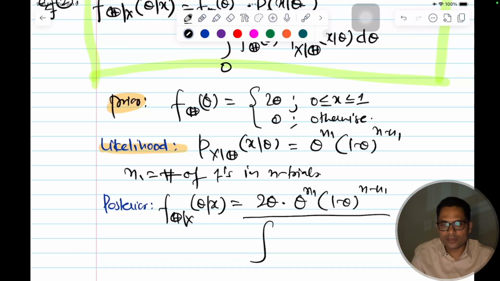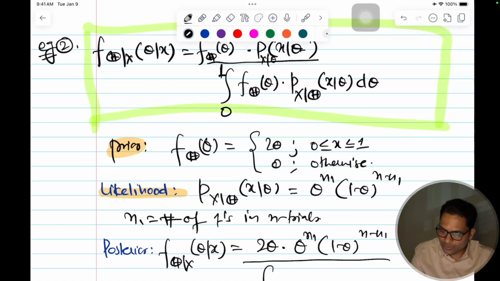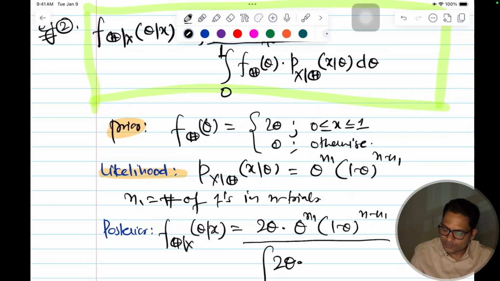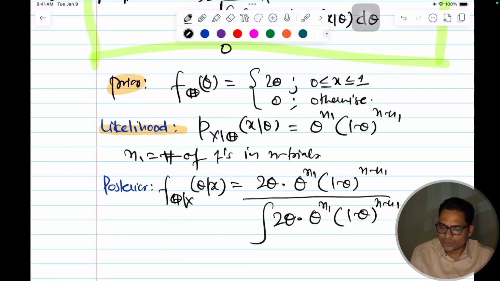F of theta was 1 earlier, right? This will become 2 theta into theta to the power n1, 1 minus theta to the power n minus n1 d theta. So again this integral is difficult to compute.